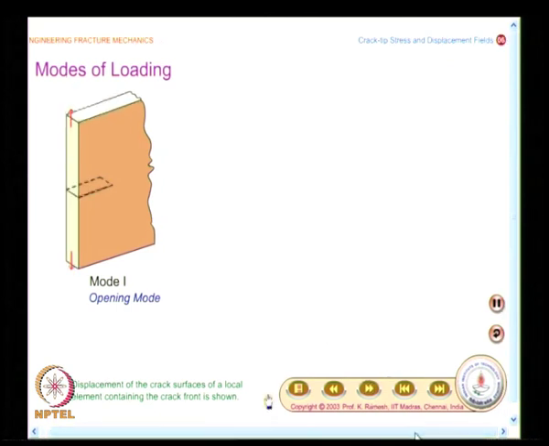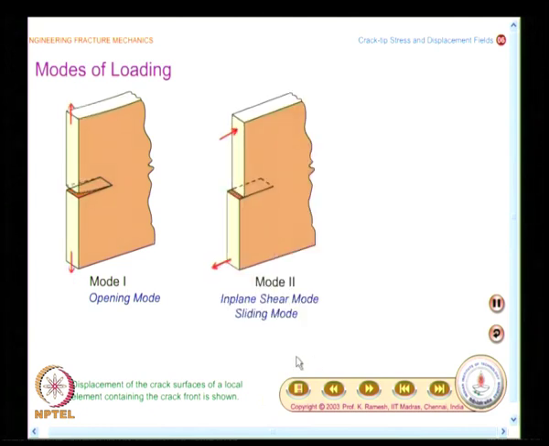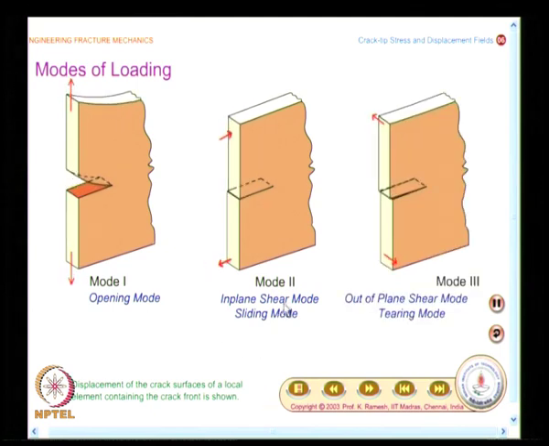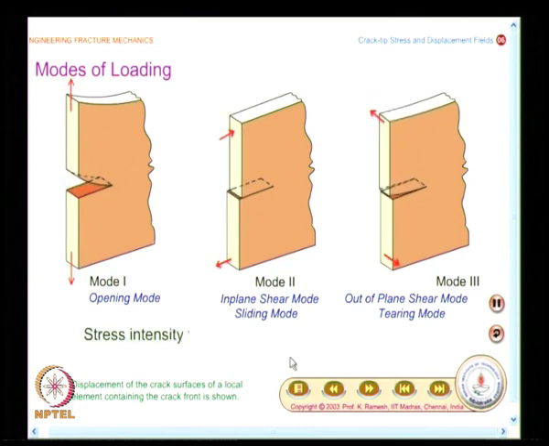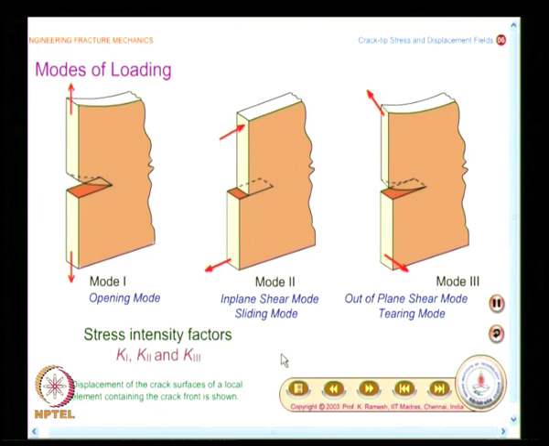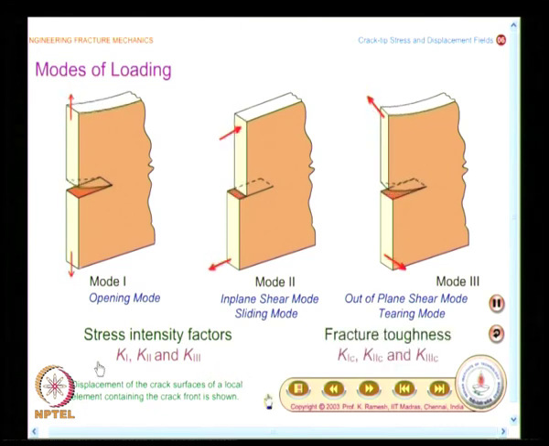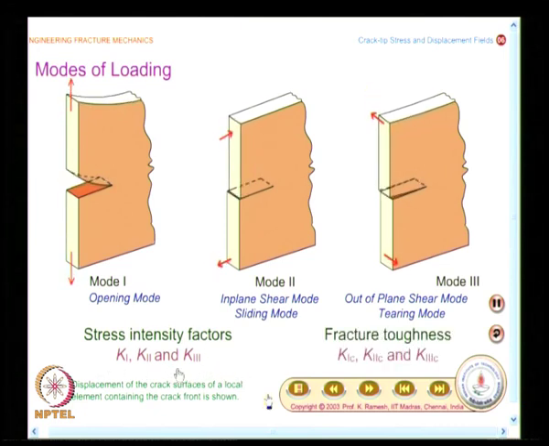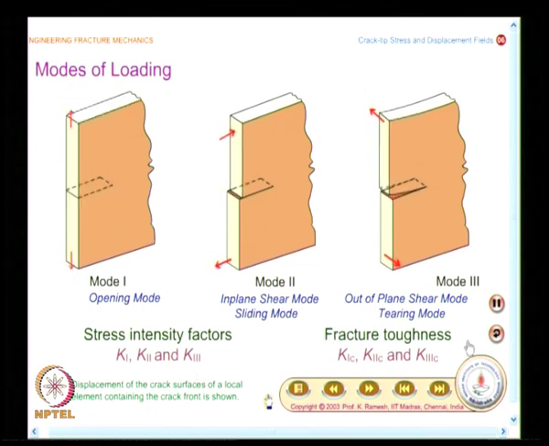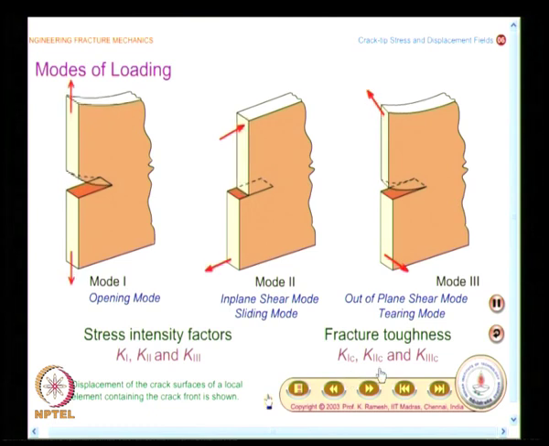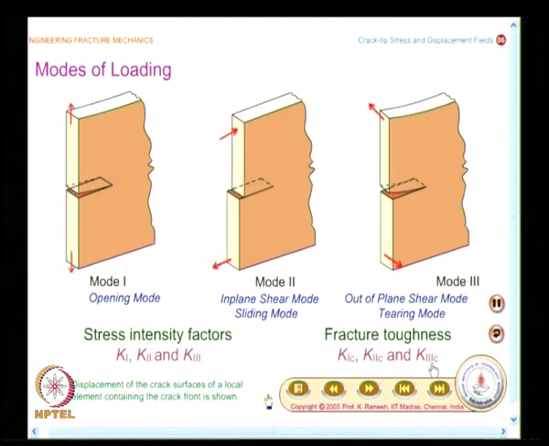This is just to recapitulate what kind of problems that we are going to solve in this chapter. We have already looked at what is a mode 1 loading, what is a mode 2 loading, what is a mode 3 loading, and in each of these cases our interest is to find out the stress intensity factors K1, K2 and K3, and from a material testing point of view, you would get K1C, K2C and K3C.